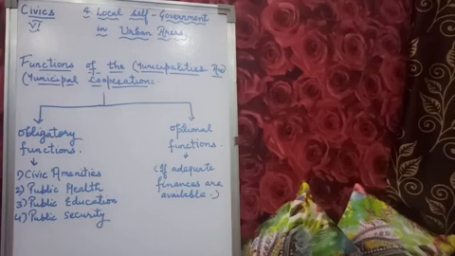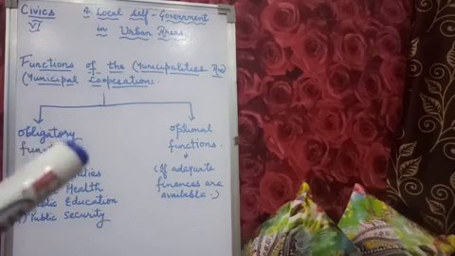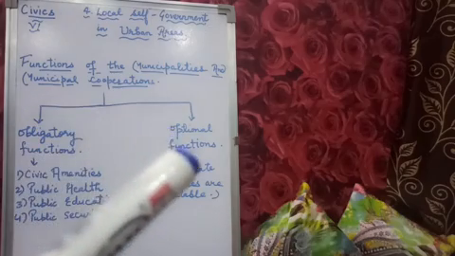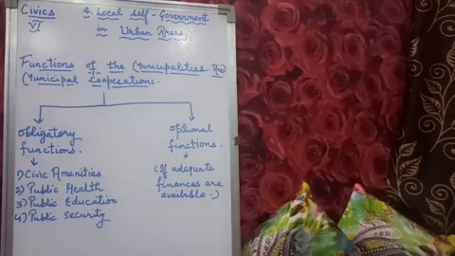Now, functions of the municipalities and municipal corporations. So students, the municipal corporations and the municipalities perform two types of functions. The one is obligatory functions and next is optional functions.